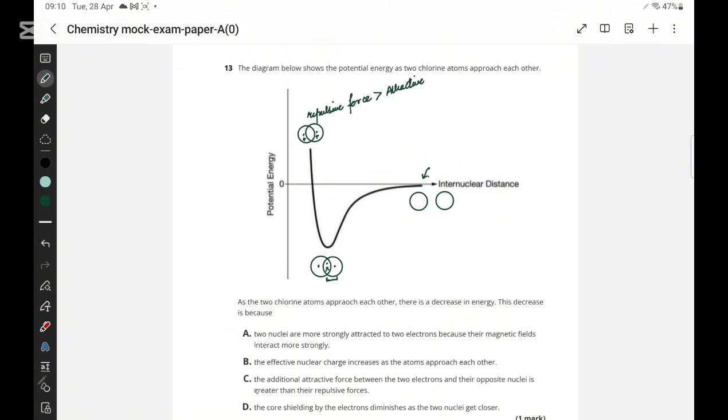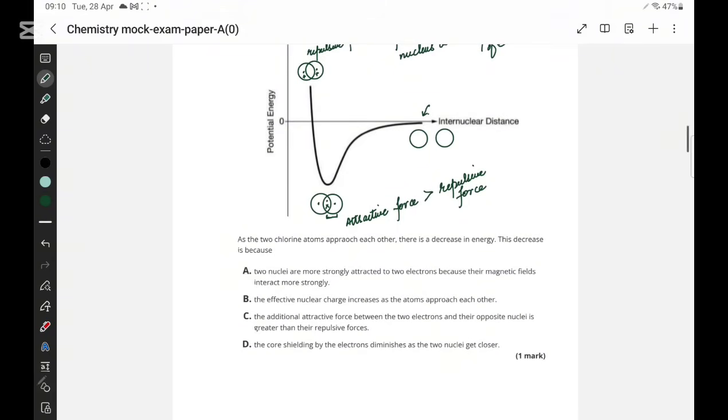Attractive force is basically between the nucleus, which is positively charged, and the shared pair of electrons. And here at the bottom, the attractive force between nucleus and shared pair of electrons is greater than the repulsive force between the two nuclei.